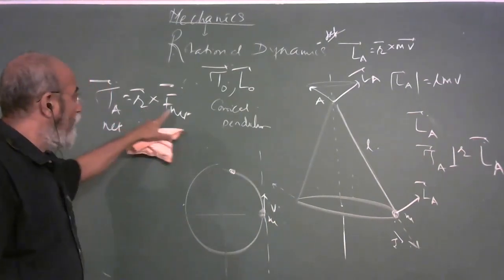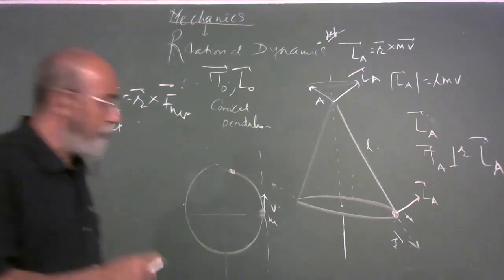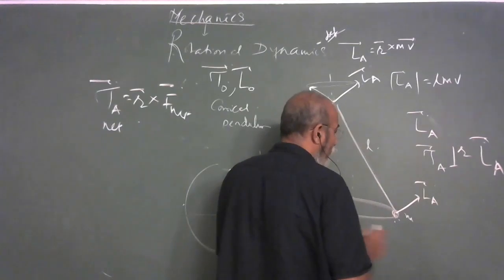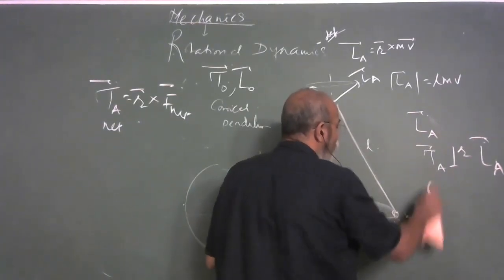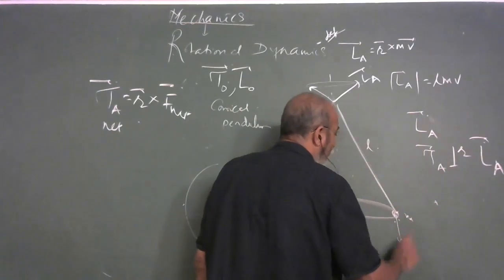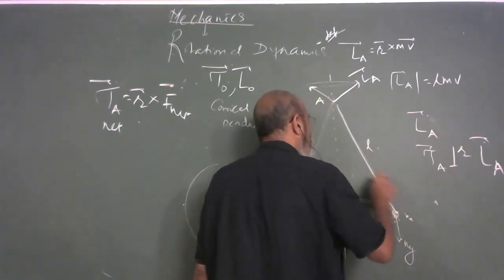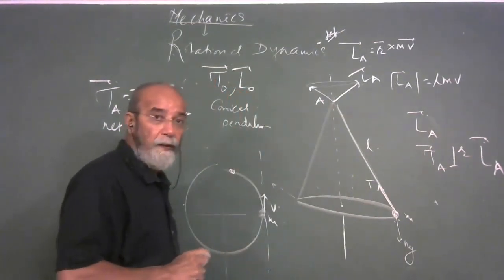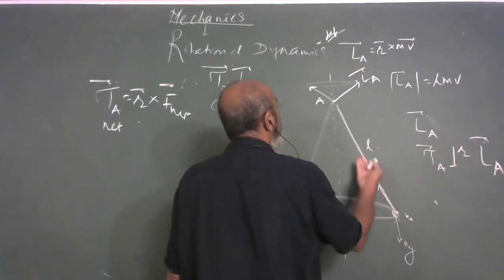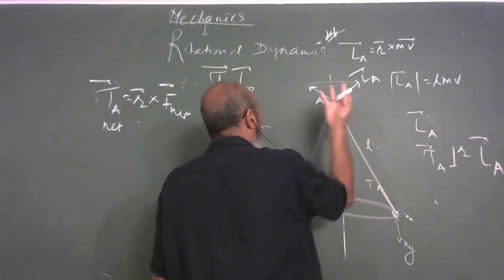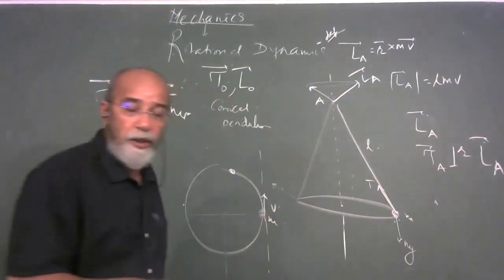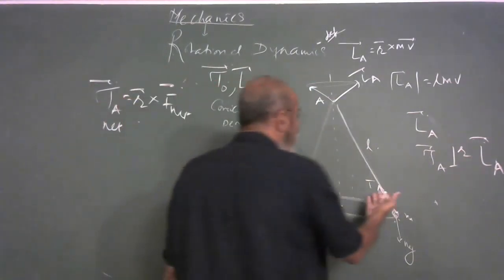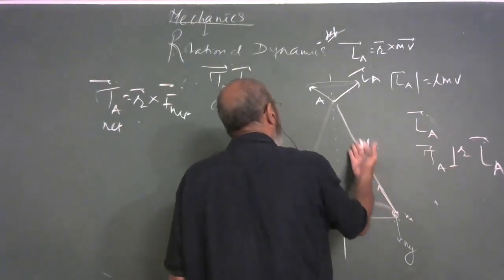First, the free body diagram. So let us draw the free body diagram. Mg and tension. Whenever a force is going through the point about which we want to find torque, then according to the definition, R cross force will be 0. So because of this force, the torque will be 0.